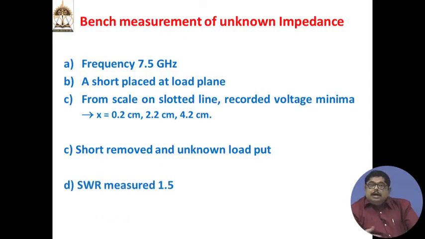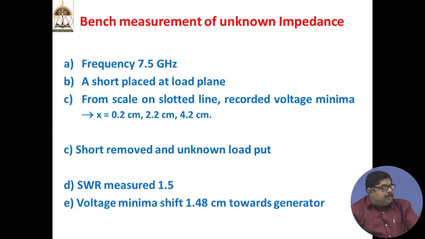Then, as I described how to measure VSWR by a VSWR meter, you measured the VSWR to be 1.5, and you also found that the voltage minima shift due to this changeover from short to an unknown load is 1.48 centimeter towards the generator.